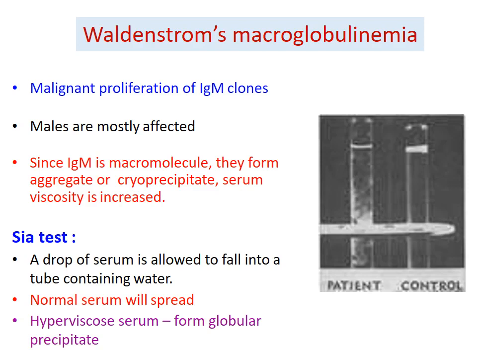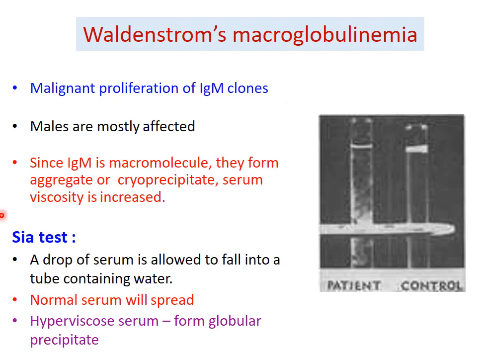Next one is Waldenstrom's macroglobulinemia. So in this case, the IgM type of immunoglobulin clone gets proliferated. So malignant proliferation occurs in IgM clones. In case of multiple myeloma, it is mainly IgG.